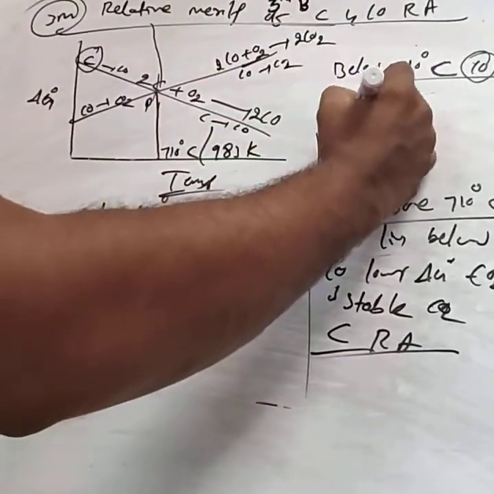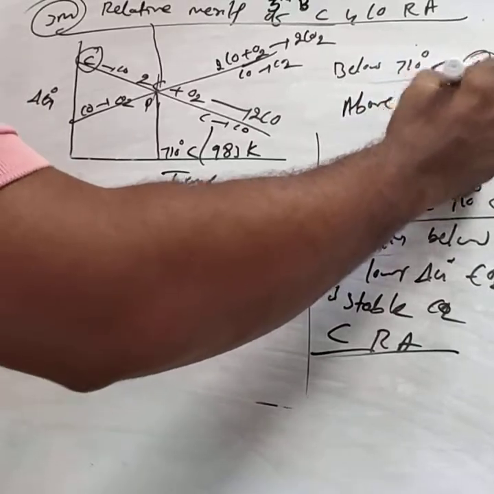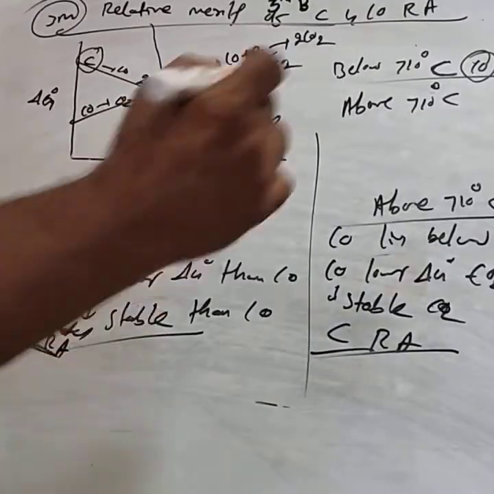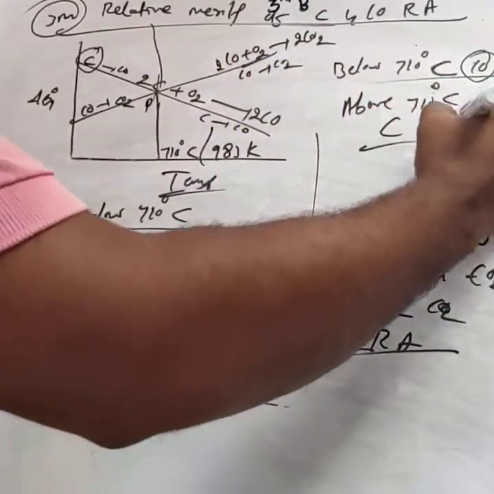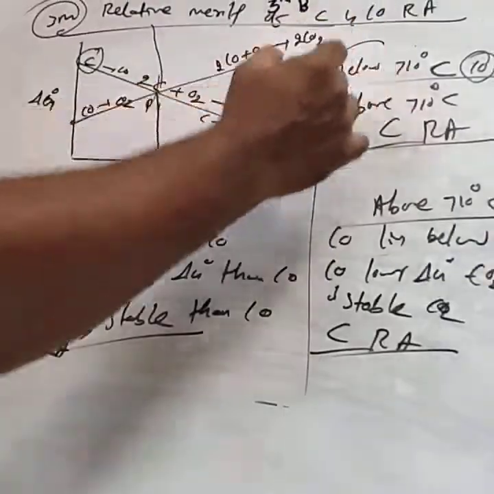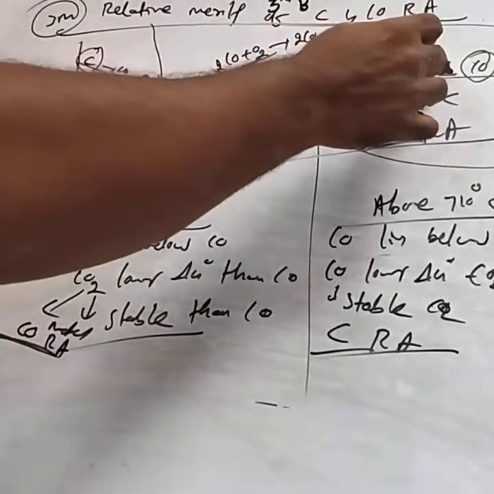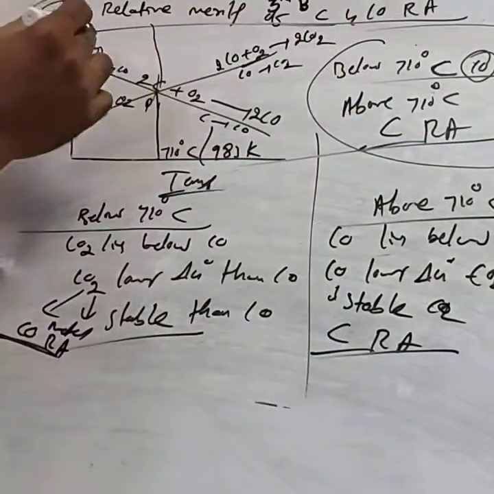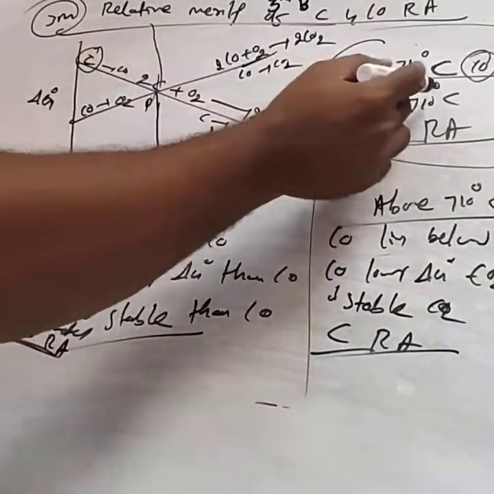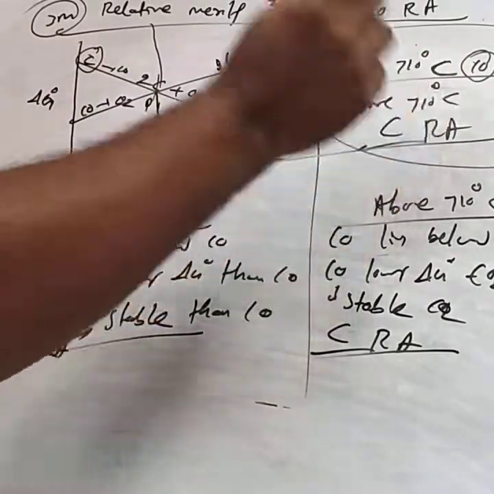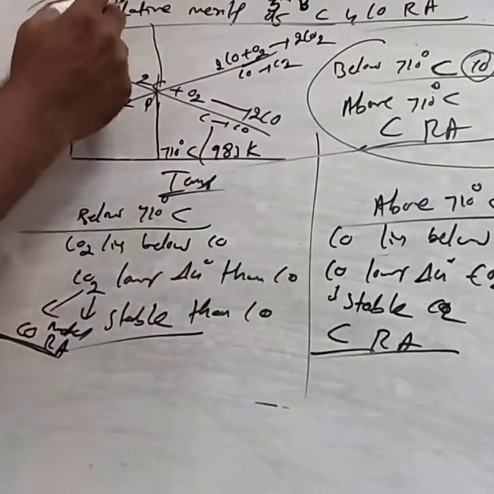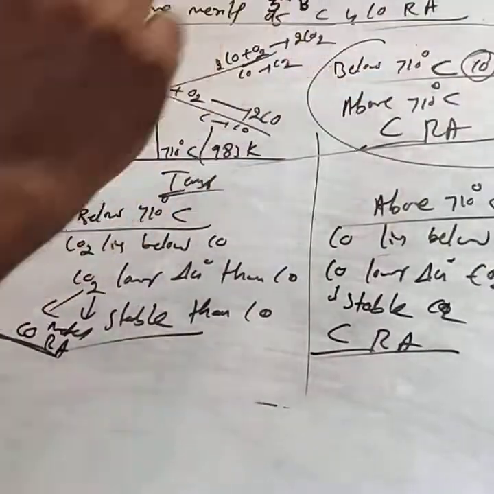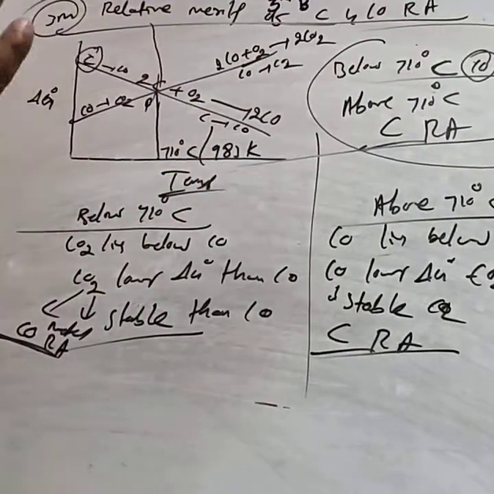But above 710 degrees Celsius, carbon acts as a reducing agent. This is about the relative merits of carbon and carbon monoxide as the reducing agent.